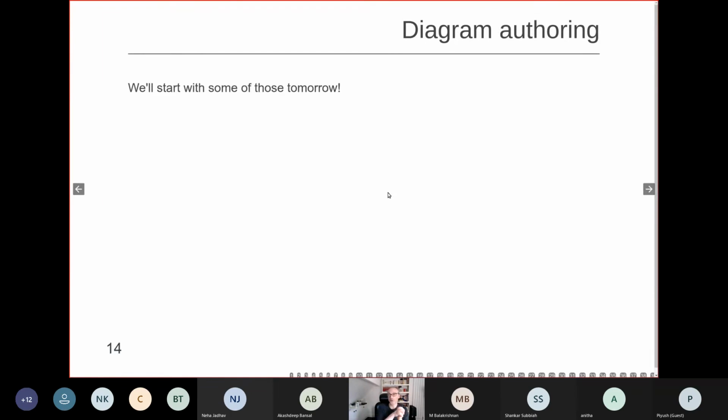Finally, one of the things we saw in our example document was that some of the images didn't come across well. Some of the images were either omitted or the wrong size, and all that has to do, of course, with diagram authoring. But that's something we will start in our lecture tomorrow, where we'll start looking into diagrams.